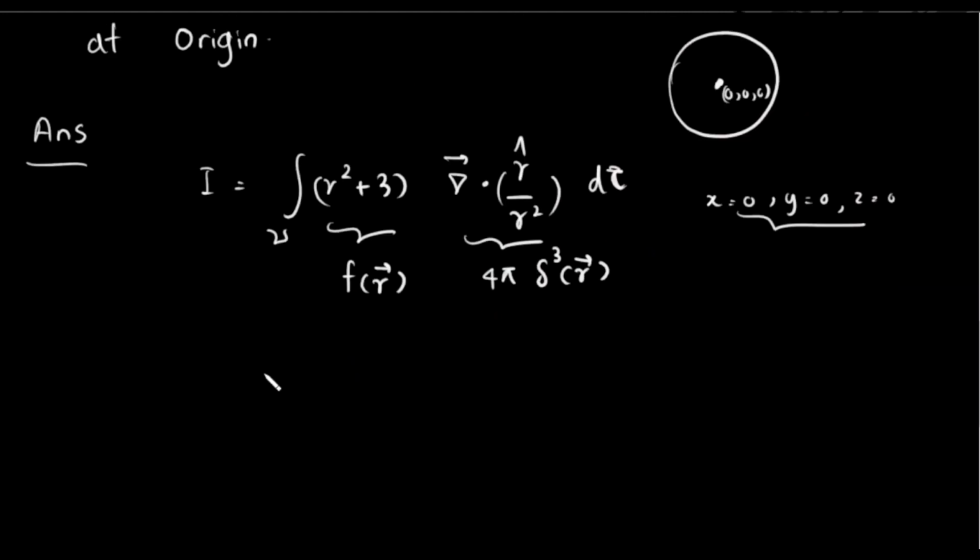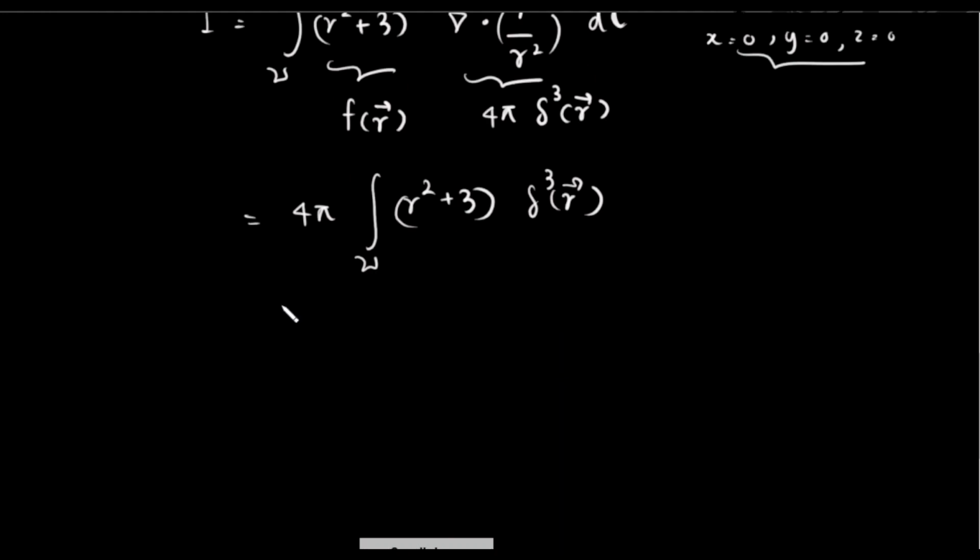So now we have f(r) times 4 pi delta cube (r). You can take the 4 pi out of this equation, and we have the volume integral of r squared plus 3 times delta cube (r).